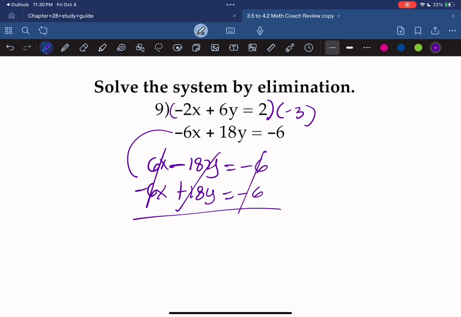That means that we have no solution because we have no variables. We have no solution. We can't have a number without a variable. So, no solution is our answer here.